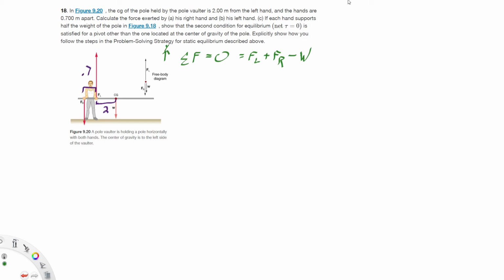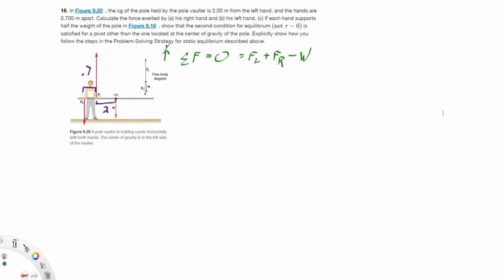But in this case, when we write down sum of forces equals ma, the acceleration is 0, so the whole right hand side is 0. You could.